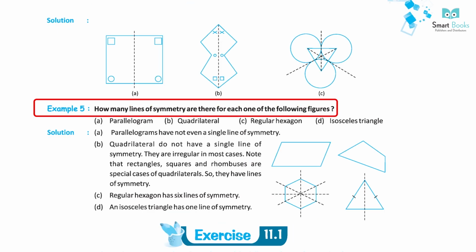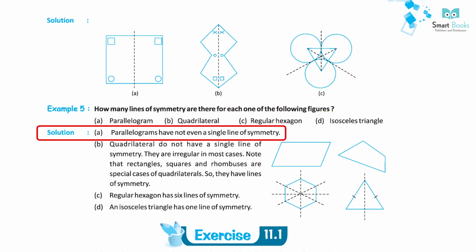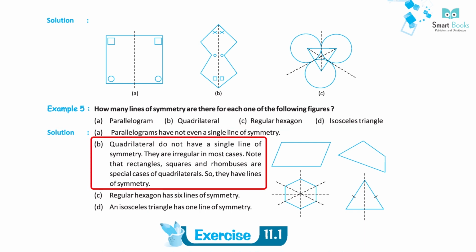Example 5. How many lines of symmetry are there for each one of the following figures? A. Parallelogram, B. Quadrilateral, C. Regular hexagon, D. Isosceles triangle. Solution. A. Parallelograms have not even a single line of symmetry. B. Quadrilaterals do not have a single line of symmetry.